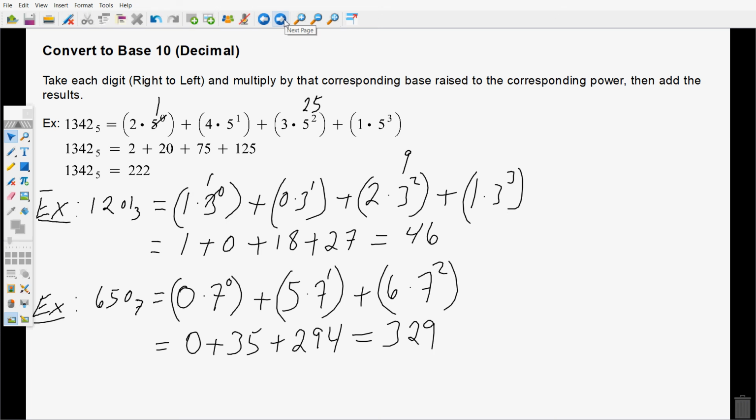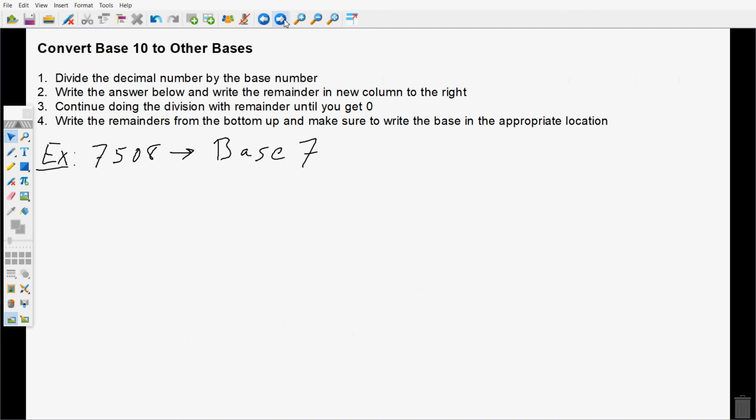Now I want to go the other direction, which is converting a base 10 number to a different base. And to do this, you can perform what I've heard called upside down division, which is still a division with remainder.